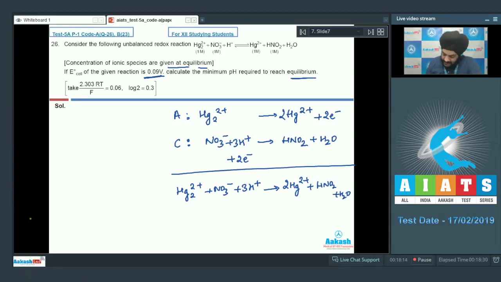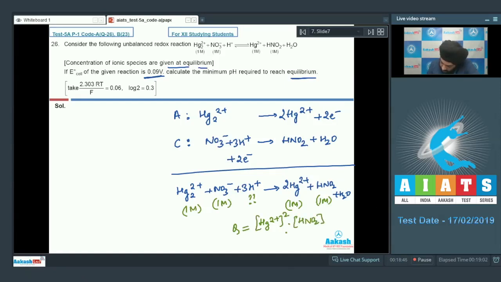Now the concentrations of these species have been given to us. Hg2 2+ is 1 molar, NO3- is 1 molar. This we have to find out. Hg2+ is also 1 molar, and the concentration of HNO2 given to us is also 1 molar. So the reaction quotient Q for this equilibrium is Hg2+ whole square into HNO2 upon Hg2 2+ upon NO3- upon H+ whole cube.